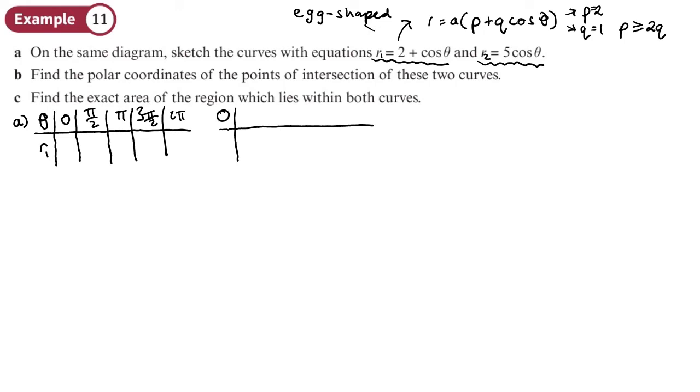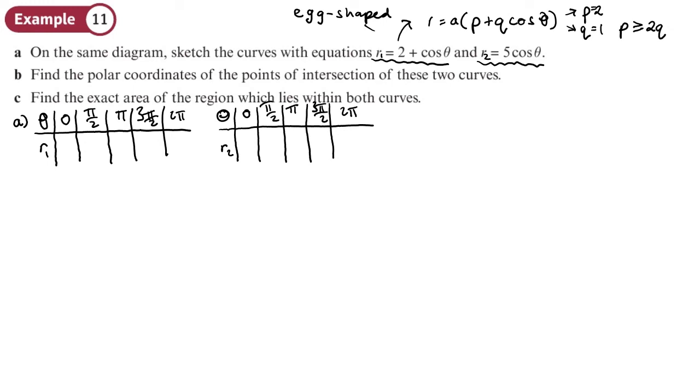Again, same values, r2, sorry. 0, pi over 2, pi, 3 pi over 2, and then back to 2 pi.